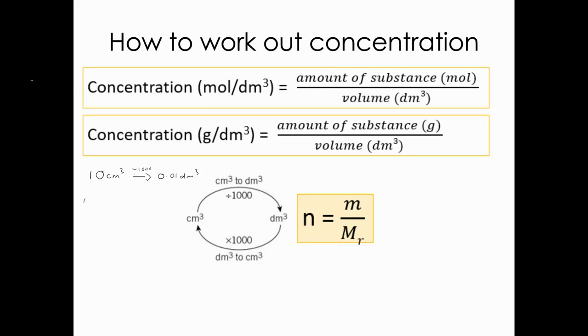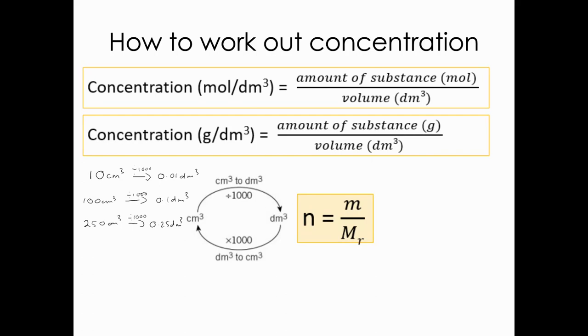If I had 100 centimeters cubed, I would again divide by 1,000, and that would give me 0.1 decimeters cubed. If I had 250 centimeters cubed, again I divide by 1,000, and that would give me 0.25 decimeters cubed.